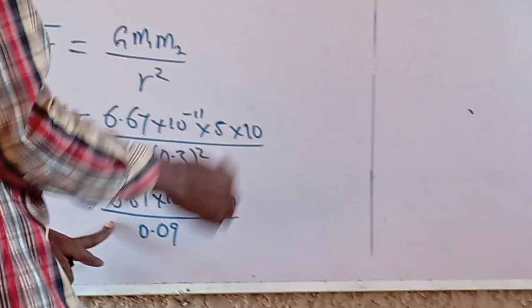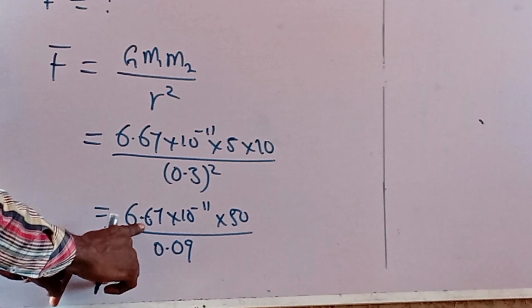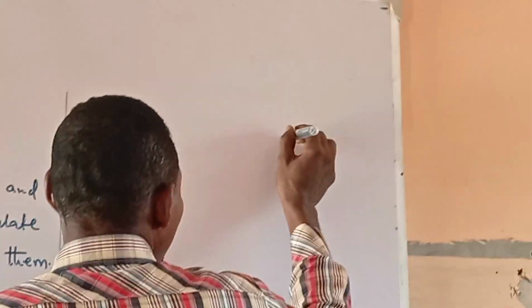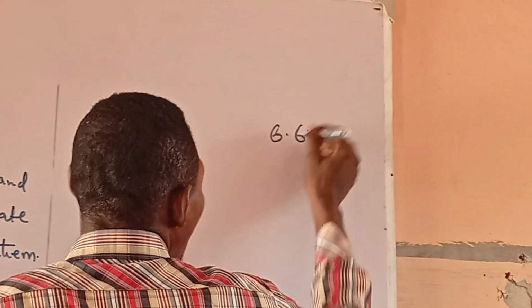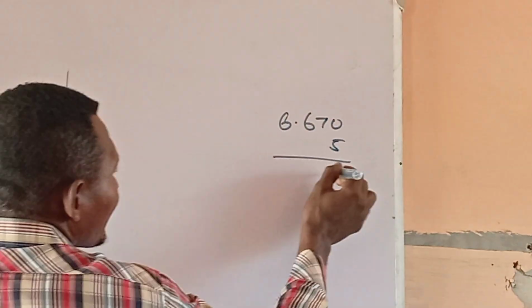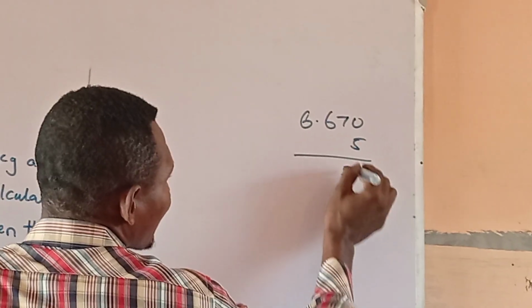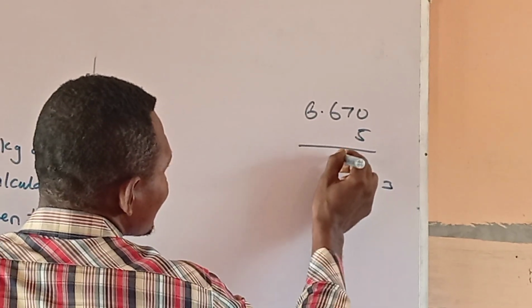Now, to simplify this further, we can multiply 50 by 6.67. So let's do the simple multiplication. 6.67 times 50. I'll bring down the 0 here, multiply by 5. So 5 times 0 is 0. 5 times 7 is 35. We write 5 carry 3. 5 times 6 is 30 plus 3 will give us 33.